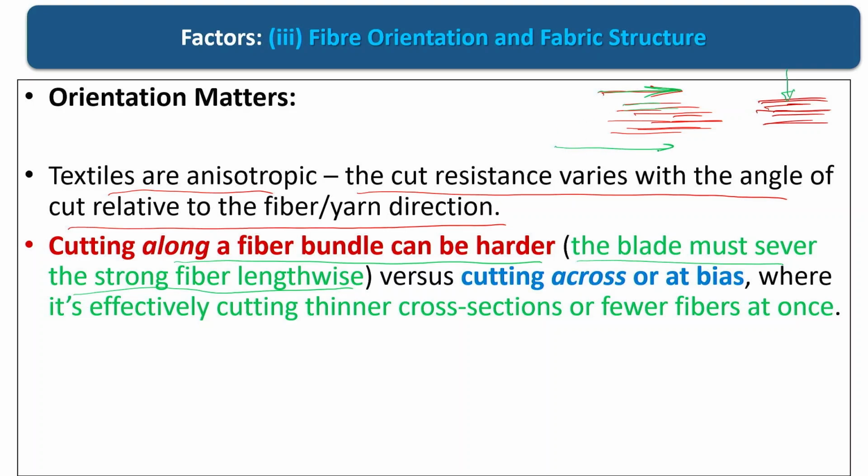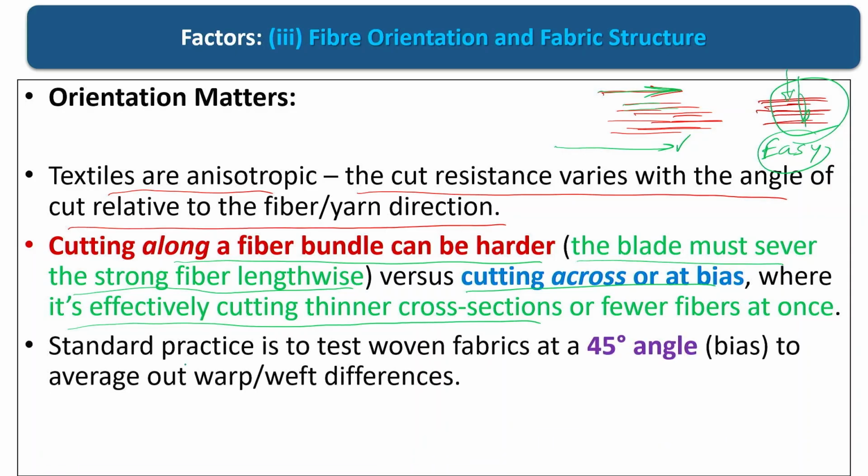If the cutting direction is along the fiber bundle, then it will be very difficult to cut, as compared to cutting across the fiber or at bias across the fiber, where effectively a thinner cross section is being cut, and fewer fibers are cut at once. So, this will be easier, here it will be difficult. So, orientation of fibers is very important.